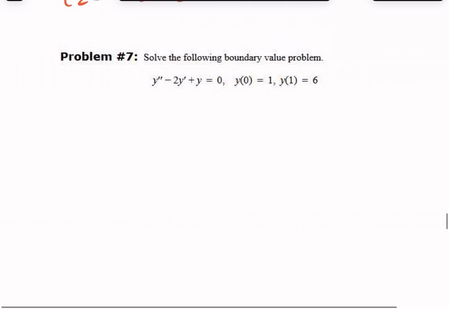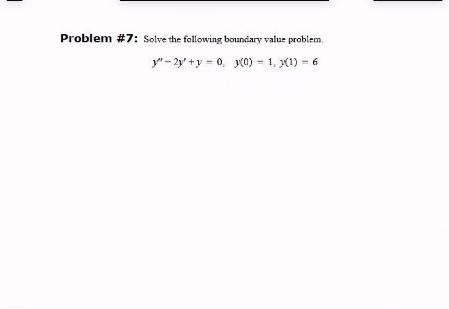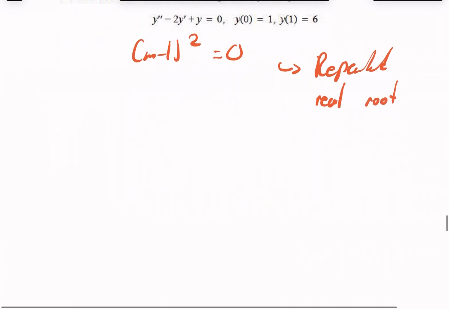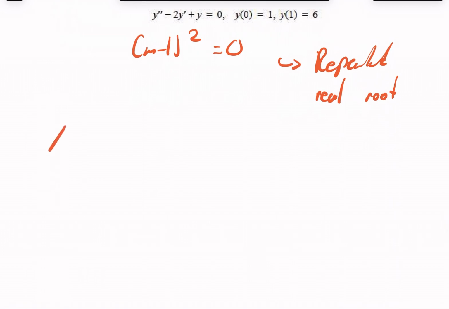So this one, we've already factored this a few times now, and so we know that we're going to get something like m minus 1 squared equals 0. Now, in this case, we have a repeated real root. And so we're gonna follow along the same course.